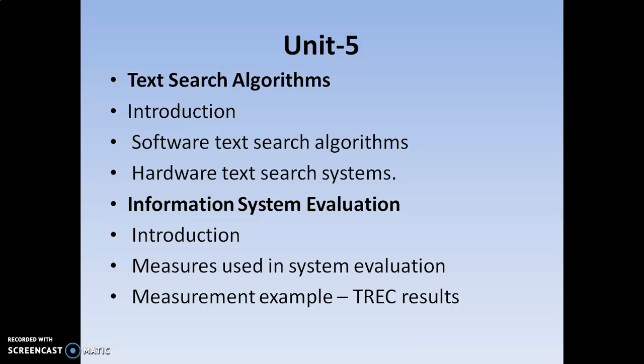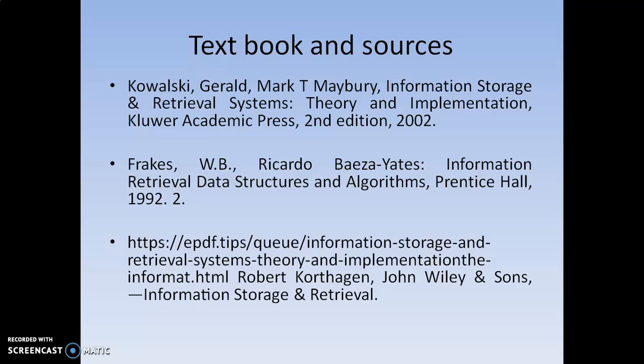Now we see what the various textbooks and e-resources are for our syllabus. The first two are the textbooks: Kowalski, Gerald, Mark T. Maybury, Information Storage and Retrieval Systems. Information Storage and Retrieval Systems is the name of the book, and Kowalski, Gerald and Mark T. Maybury are the authors.